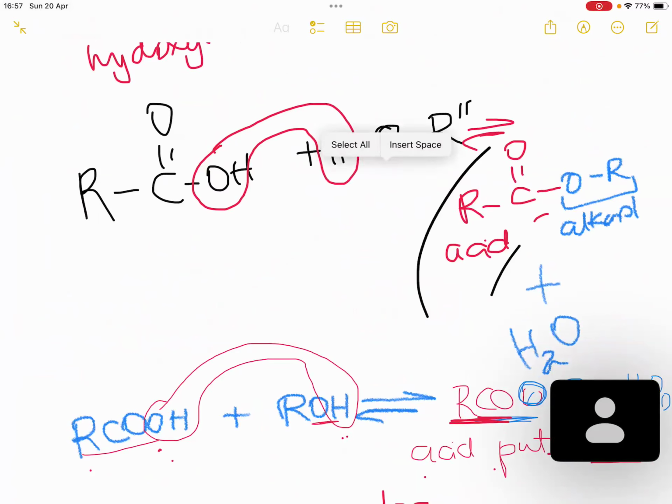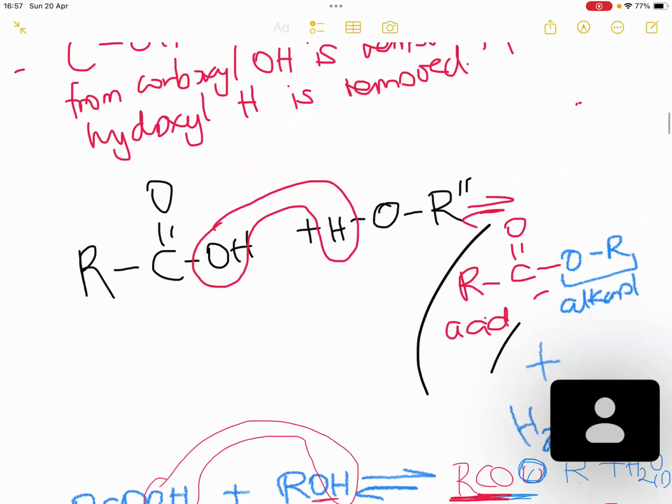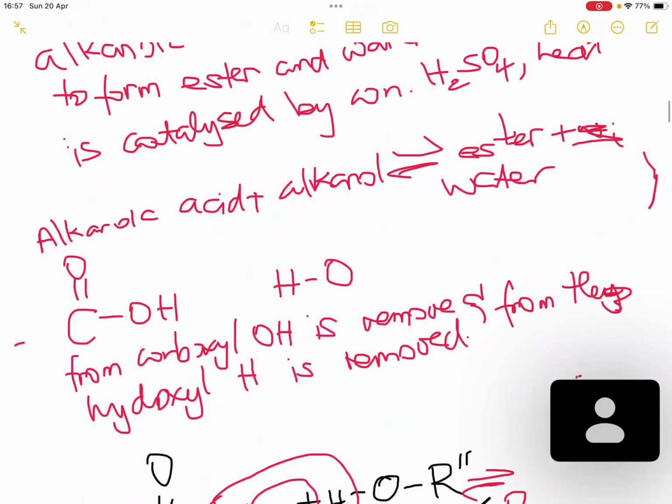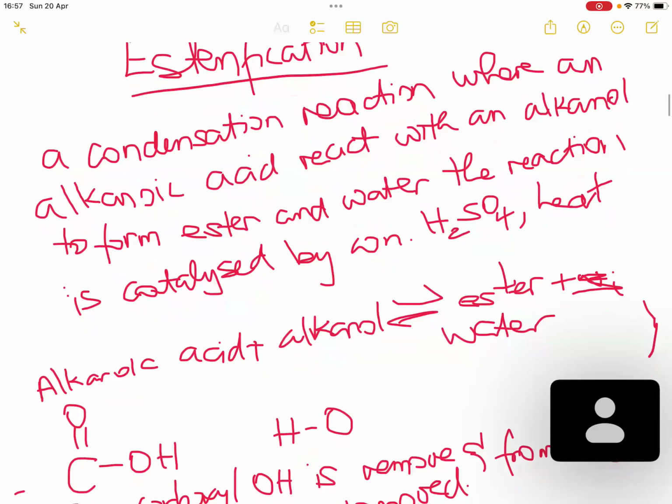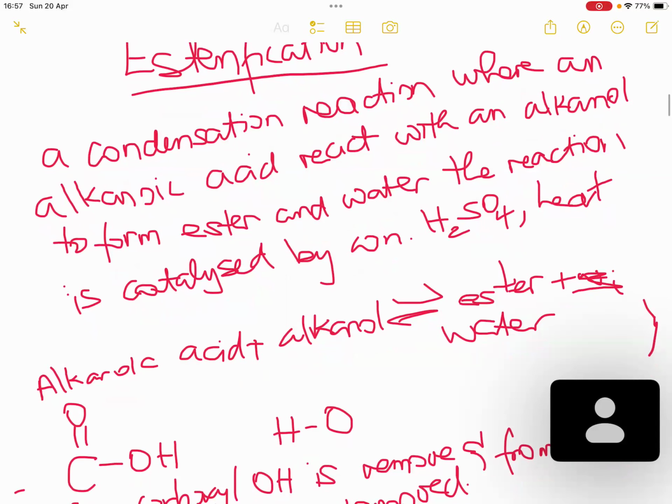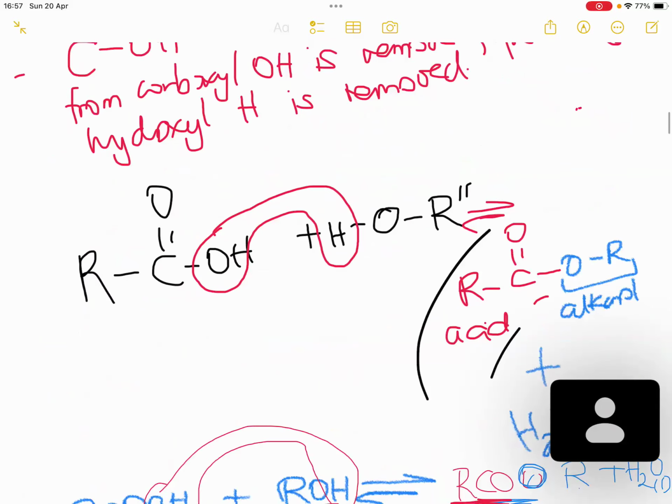And remember, it's a condensation reaction, which is catalyzed by concentrated sulfuric acid and heat. In some cases, you may see HCl. So it's using concentrated sulfuric acid and heat to catalyze the reaction.